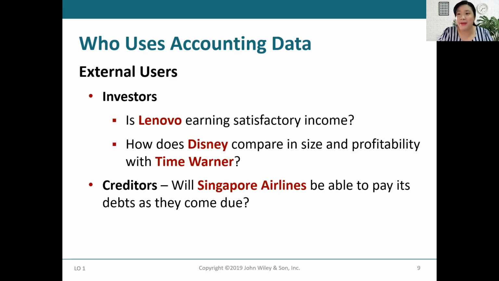Can this company pay me back the debt if I lend them the money? So the creditor needs accounting information to make the decision which company we should lend the money to. Of course, we want to lend the money to good companies who have a lot of resources. We don't want to lend money to companies that later would go bankrupt and not be able to pay back the debt or interest.